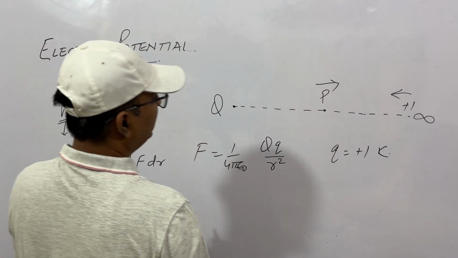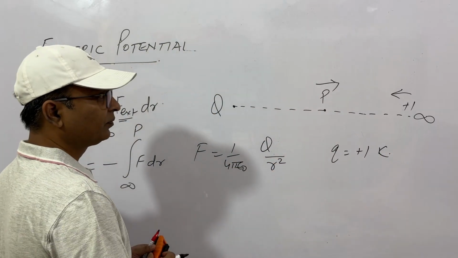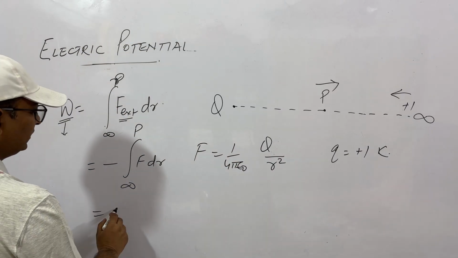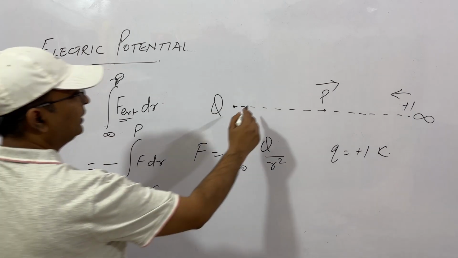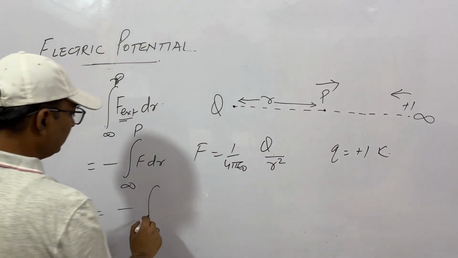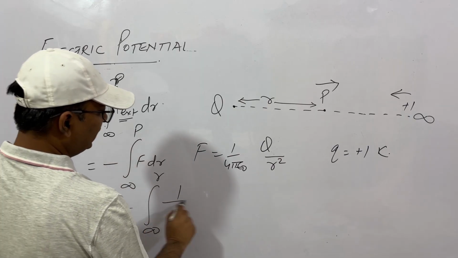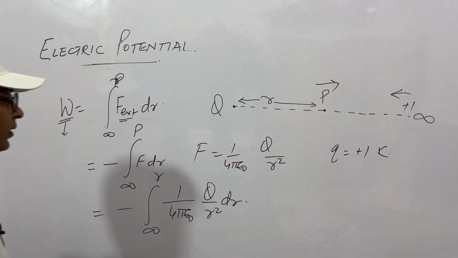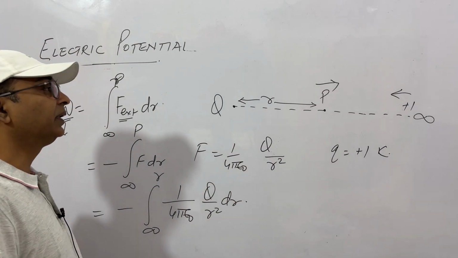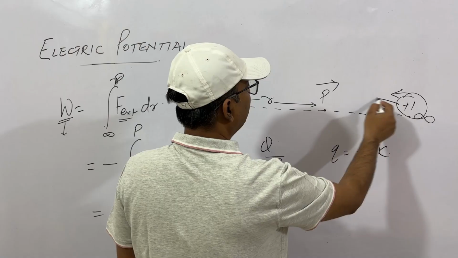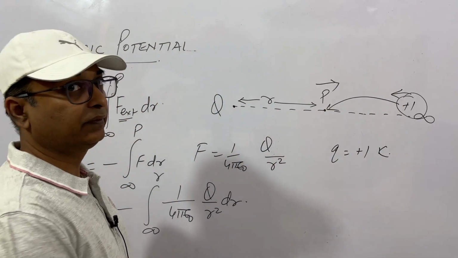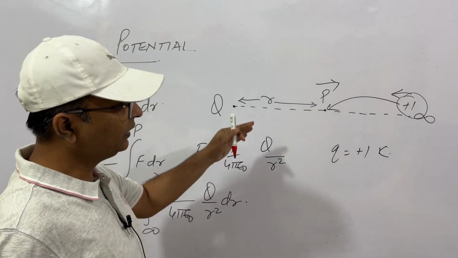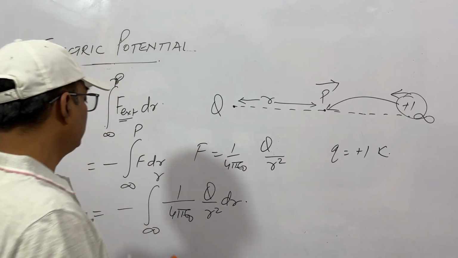Then force will be this, and you can write it like this: minus integral from infinity to r, let's say this is r, of 1 by 4 pi epsilon 0 into Q by r square dr. This is the work done in bringing a unit positive charge from infinity to a point P in an electric field. Electric field means the field because of which the charge experiences a force.